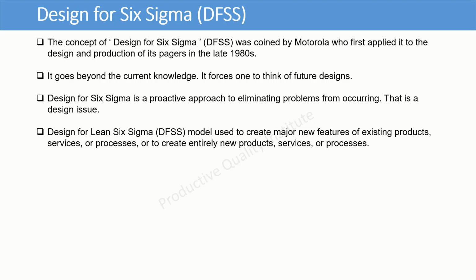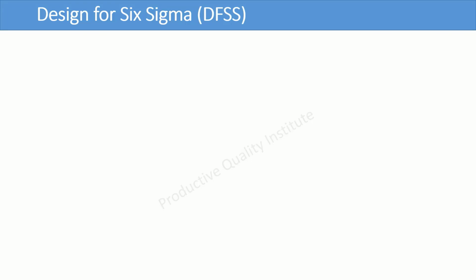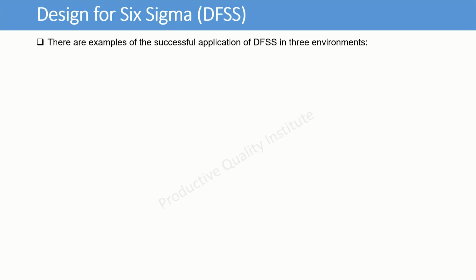The Design for Lean Six Sigma model, DFSS, is used to create major new features of existing products, services or processes, or to create entirely new products, services or processes. There are examples of the successful application of DFSS in 3 environments. 1.